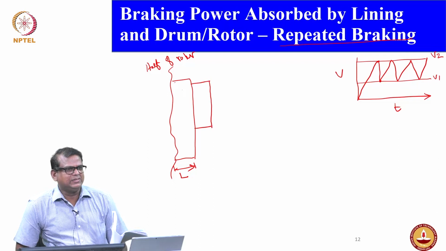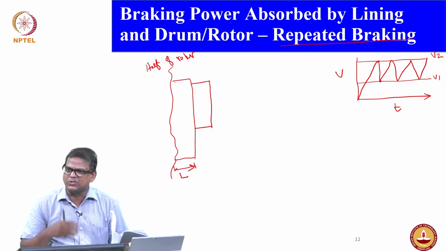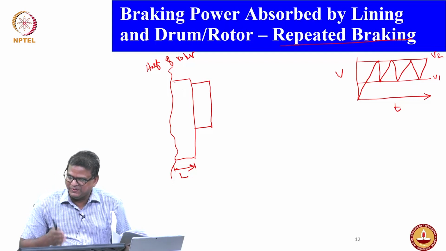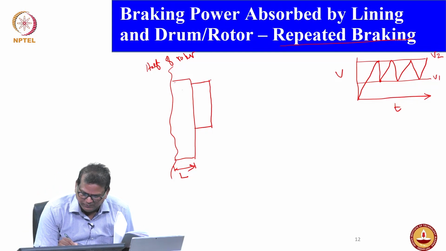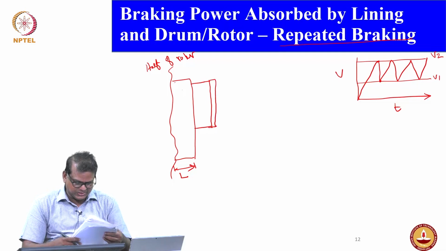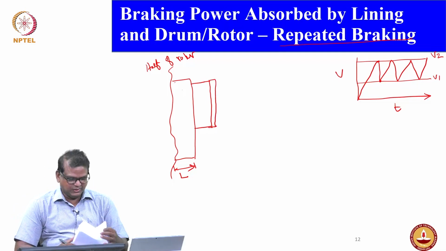Do you expect the brake lining just like that, or do you expect some support also? There should be some metallic support, another thin plate. So, tell me how the heat transfer takes place in the system.